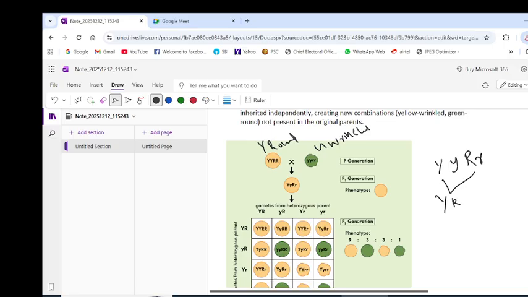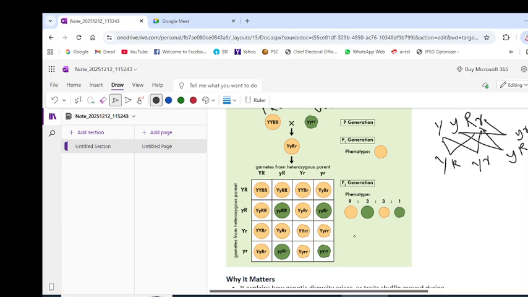Yellow round, yellow wrinkled, green round, green wrinkled.